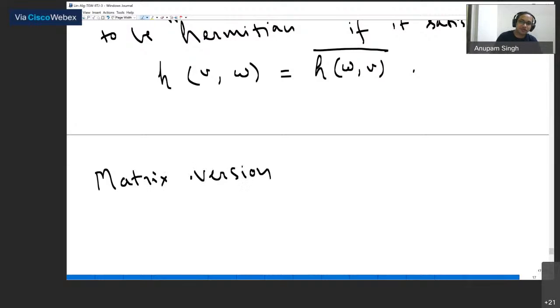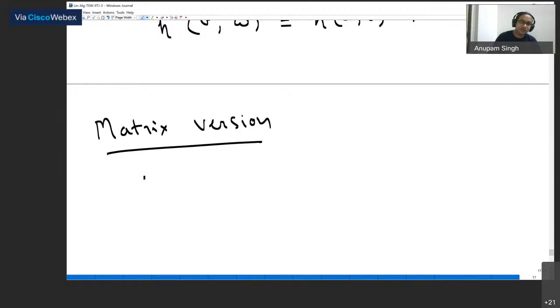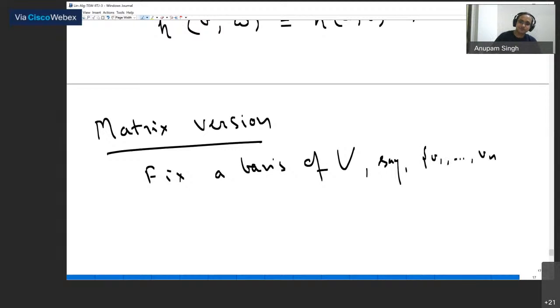All these definitions have a matrix version, which we obtain after fixing a basis. So fix a basis of V, let's say V1, V2, up to Vn. It's an n-dimensional vector space.